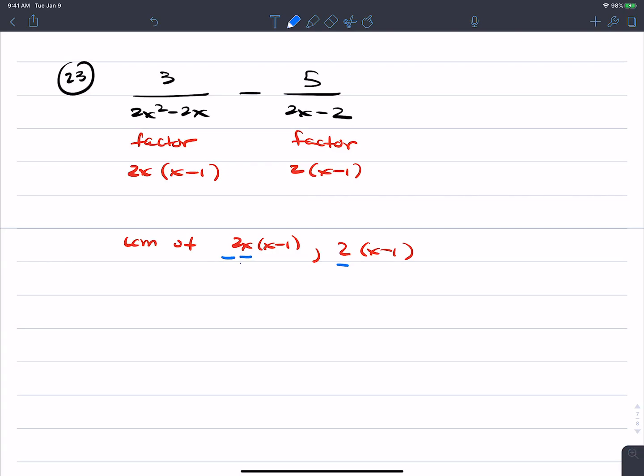Here you have an x term, and here the x term is missing, but we can put x to the 0 there, because that's just 1. And then here we have a third term, x minus 1, and the power here is 1 for each. So we can go about finding the LCM now.